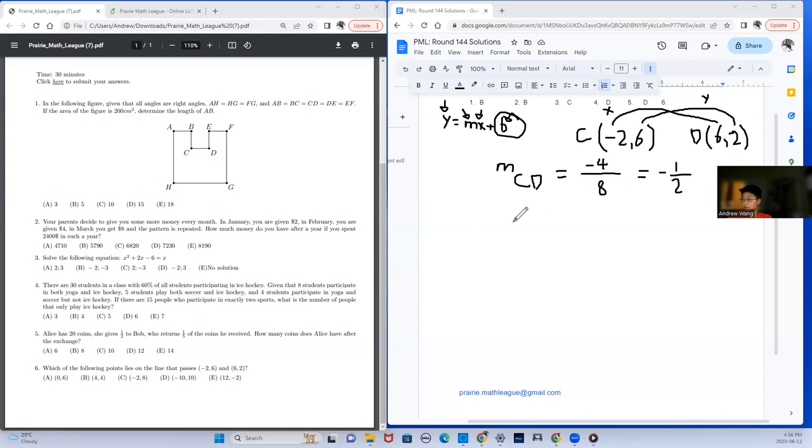Point D has the y coordinate as 2, so we set 2 equals the slope we have found, -1/2, times the x coordinate, which is 6. So times 6, and then plus b.